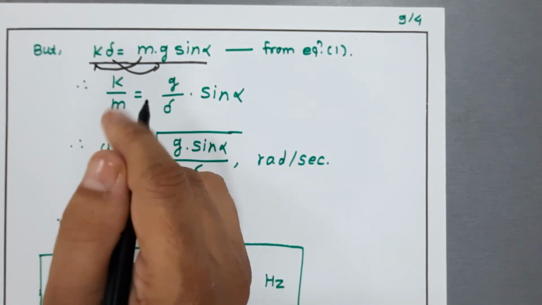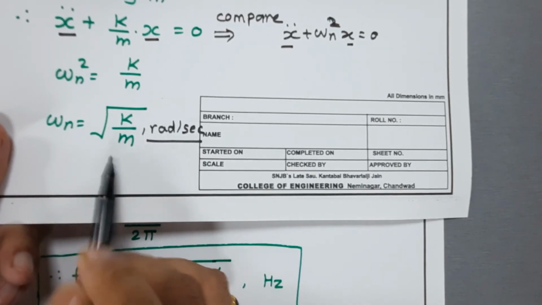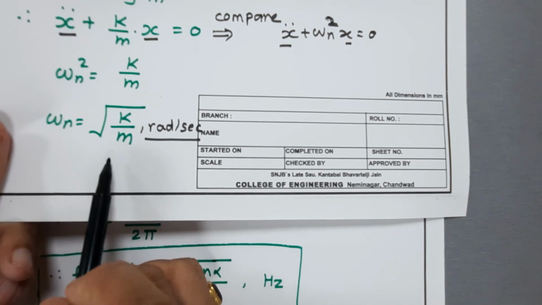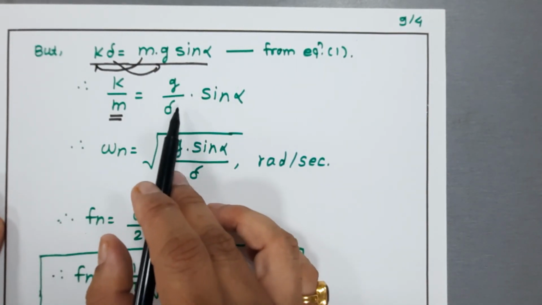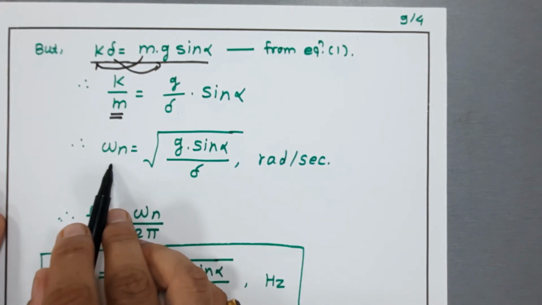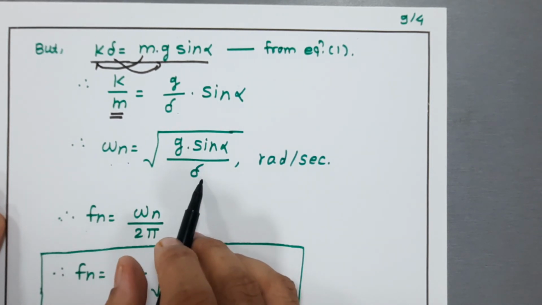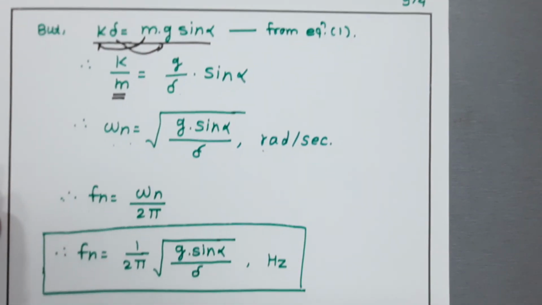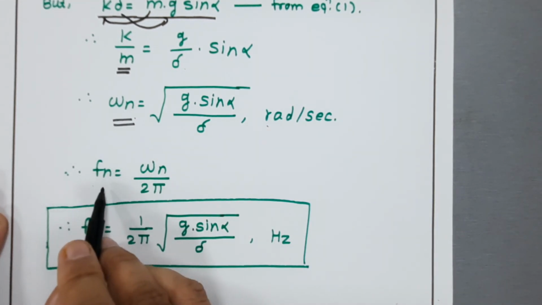Put this value of k upon m in this circular natural frequency equation of the system by the energy method. So we have omega n is equal to under square root of g into sin alpha upon delta radian per second. Now, once you know the circular natural frequency, we can calculate the natural frequency.